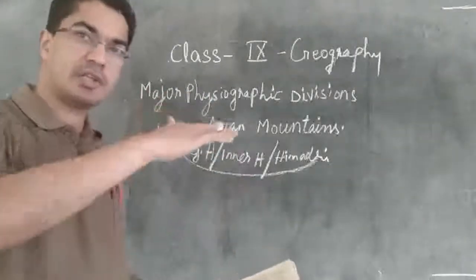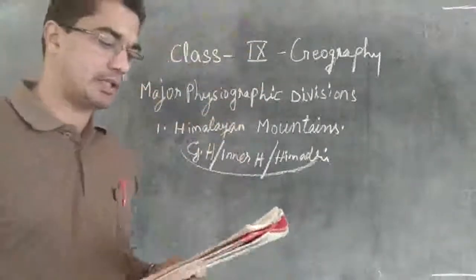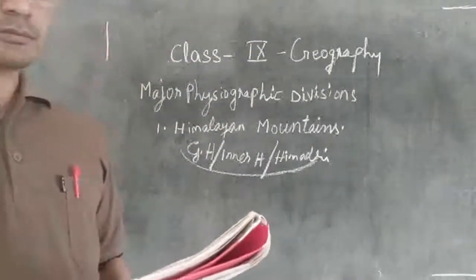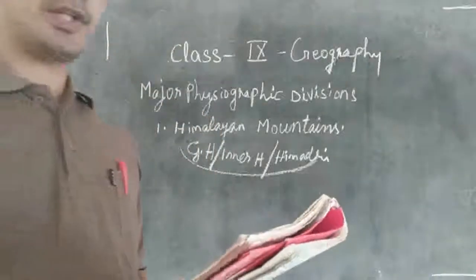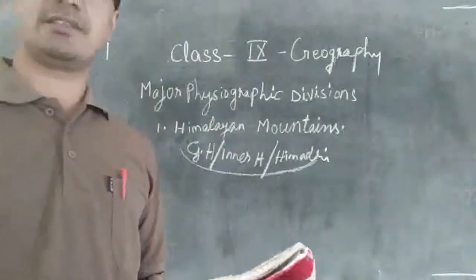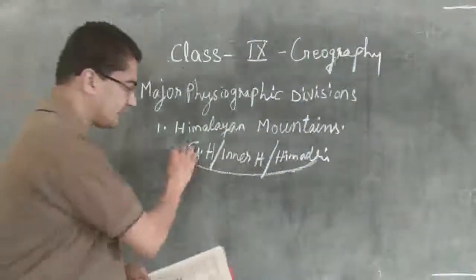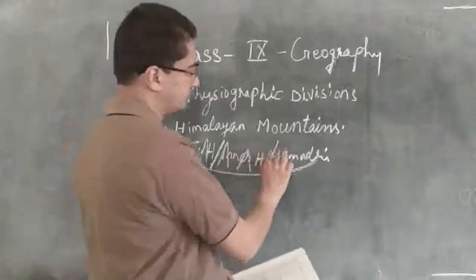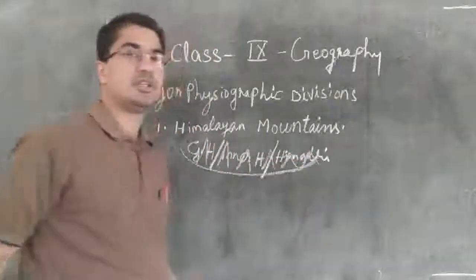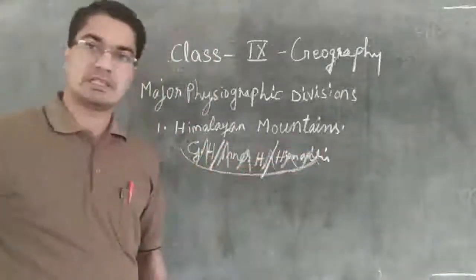It goes continuously at somewhat the same level, consisting of the loftiest peaks with an average height of 6,000 meters. In this range there are many peaks, almost having somewhat the same height.